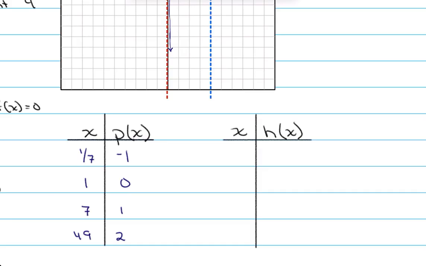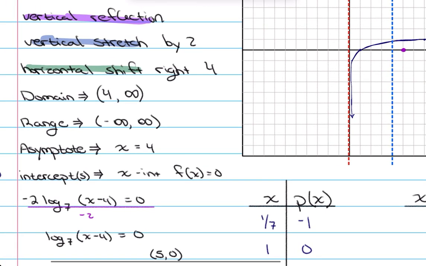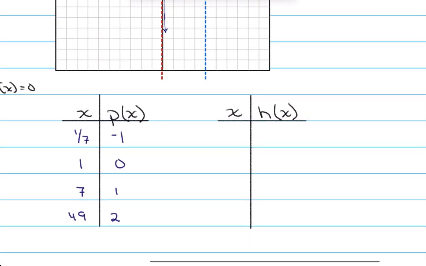The easiest one to transform, and I'm just going to do one of them this time, is the 1, 0. So it is a vertical reflection, a vertical stretch, and then a horizontal shift. Oops, I said I was going to do the x-intercept. I'm going to take 1, and I am going to add 4 to it. That shifts it to the right 4 units. So that gives me my 5.